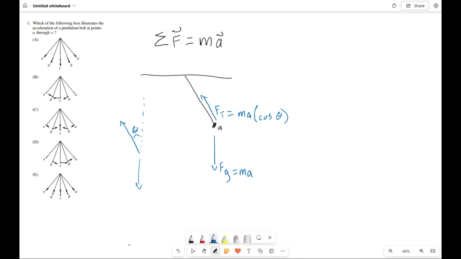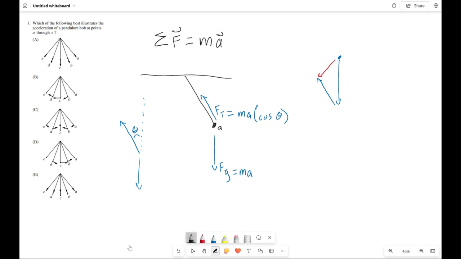And in order to find the sum of all forces, we can simply add these two vectors together. So if we put the force of gravity coming down and the force of tension coming up, we can see that the resulting force is going to be something like this.